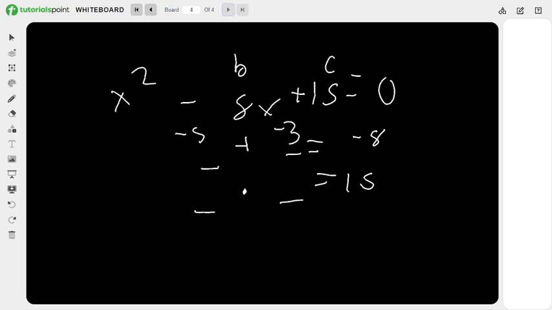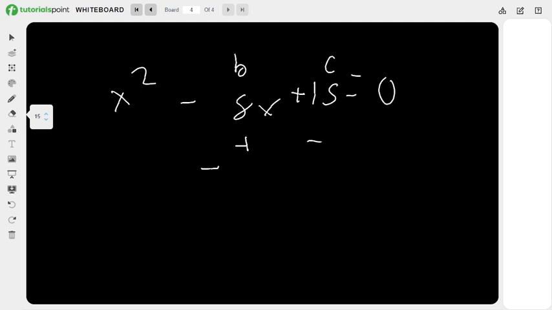Since negative 5 times negative 3 equals positive 15, that means our two numbers are going to be negative 5 and negative 3. It's not letting me erase anymore, it's very strange. So let's just erase this at the bottom. So our two numbers are negative 5 and negative 3.